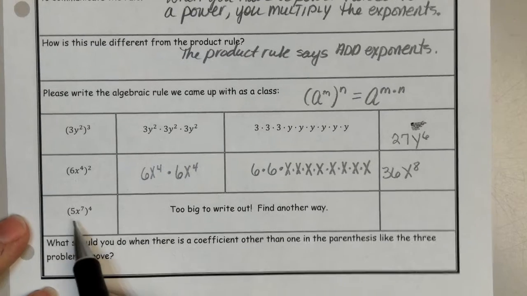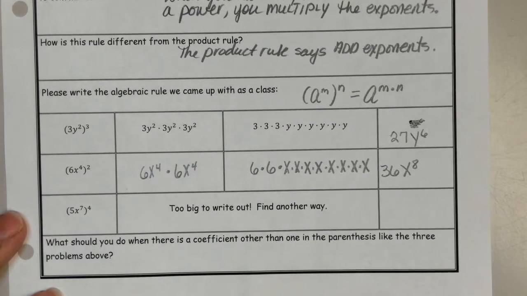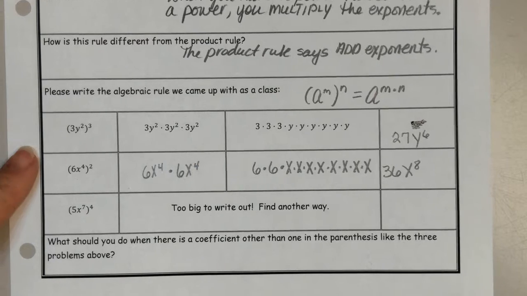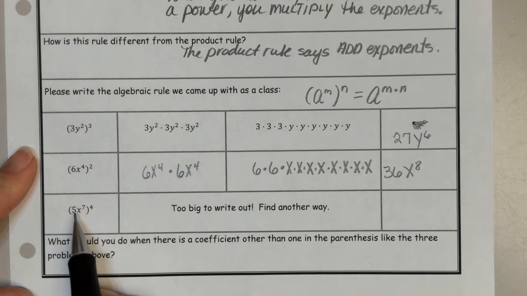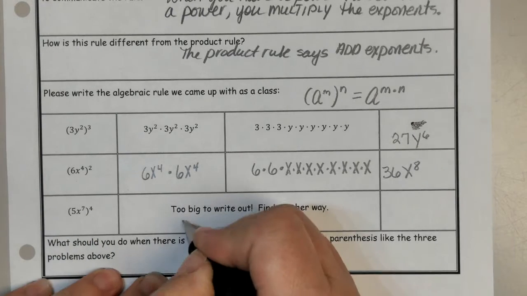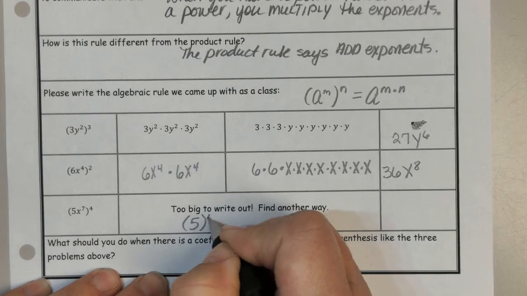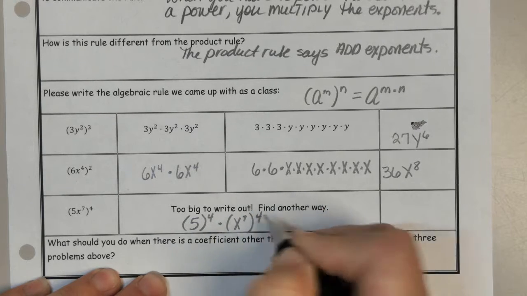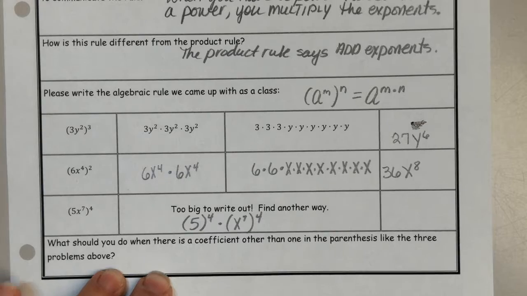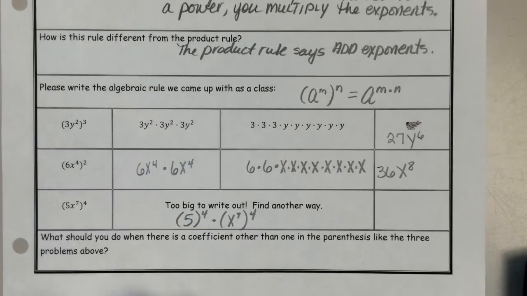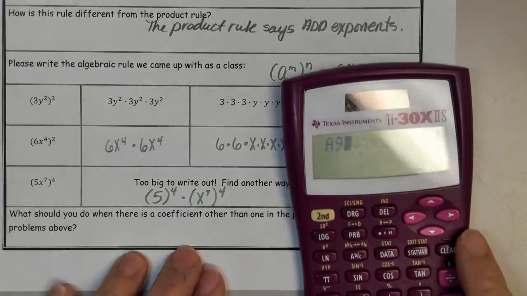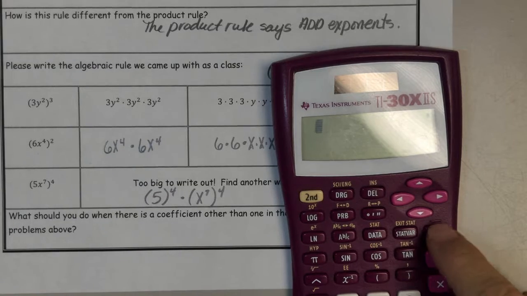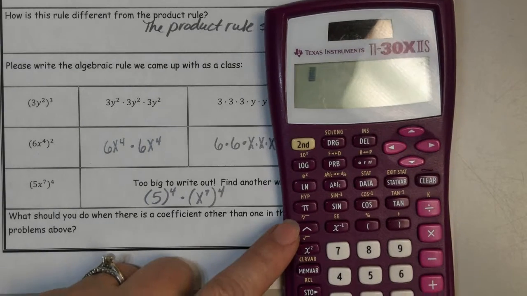Now, this says, too big to write out, find another way. So what you have to do is raise each factor to the 4th power. So we're going to do 5 to the 4th power times x to the 7th times the 4th power. So you'll have to use your calculator for this. Remember, when we raise a number to an exponent, we're going to use this up arrow right here.